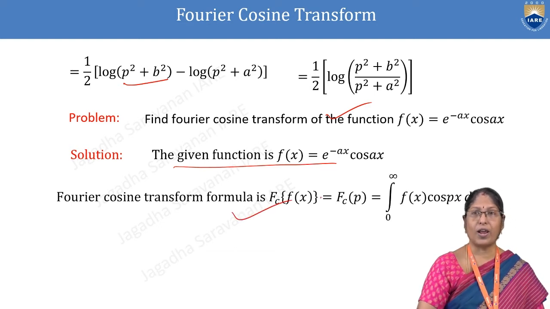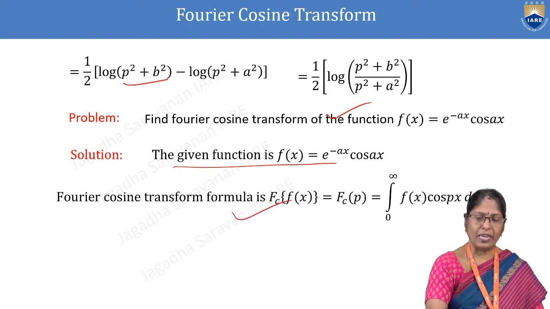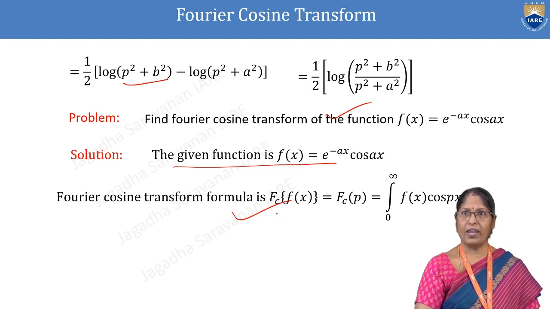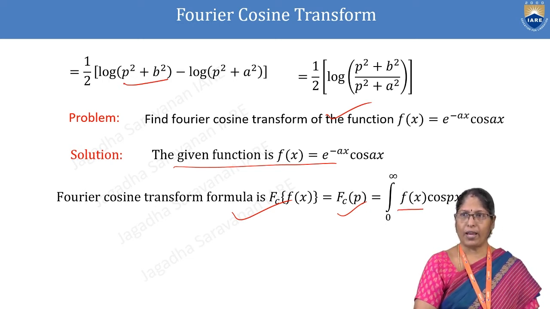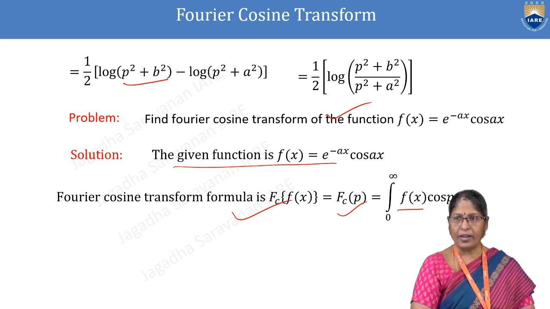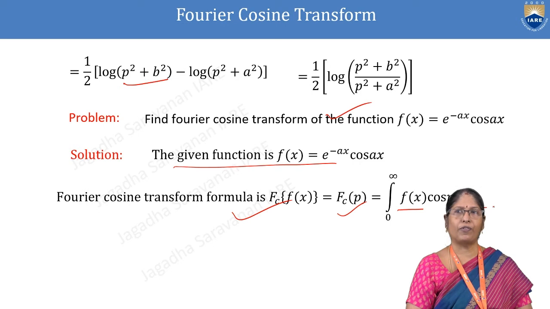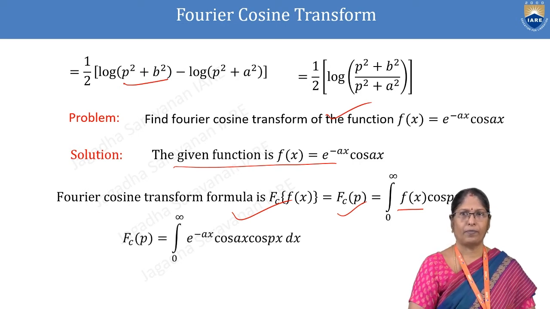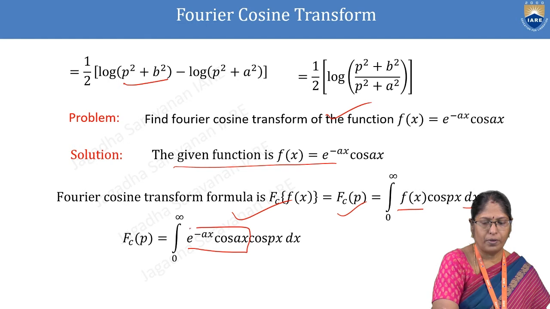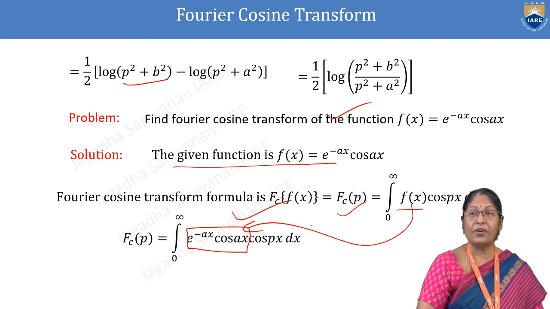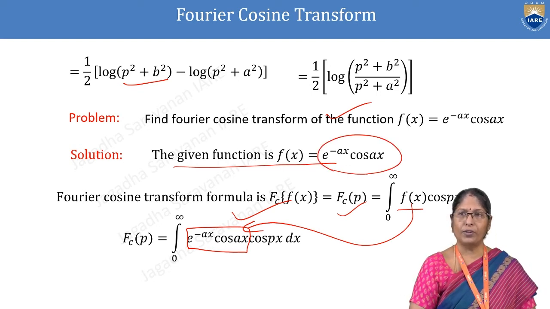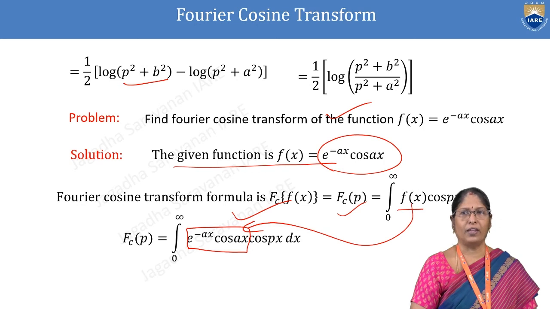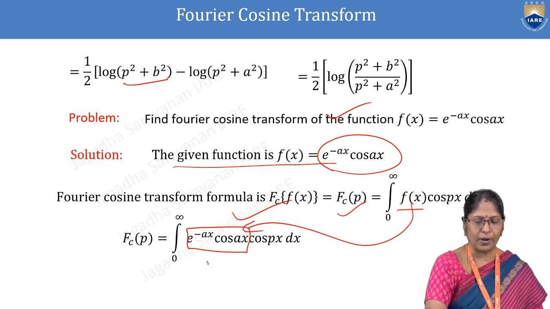The Fourier cosine transform formula is Fc of f of x equal to Fc of p equal to the integral of f of x multiplied by cos px, with respect to x from 0 to infinity. So now f of x is replaced by what is given in the question, f of x equal to e power minus ax into cos ax. We replaced it.